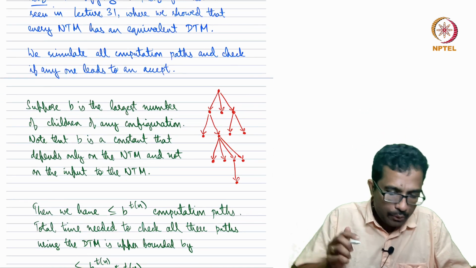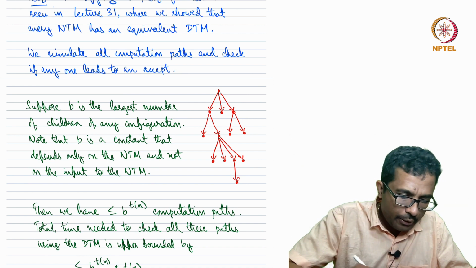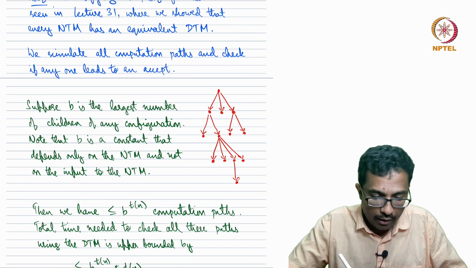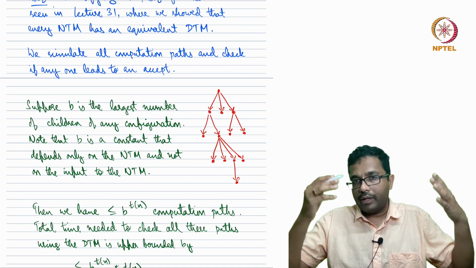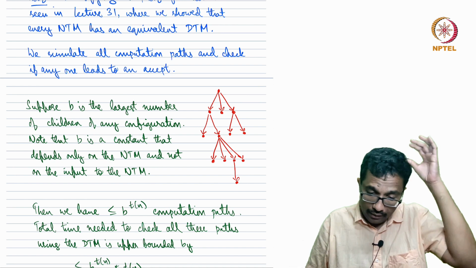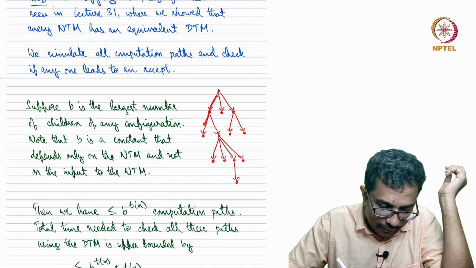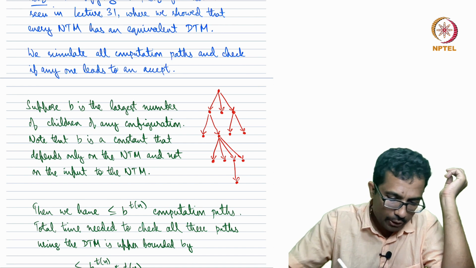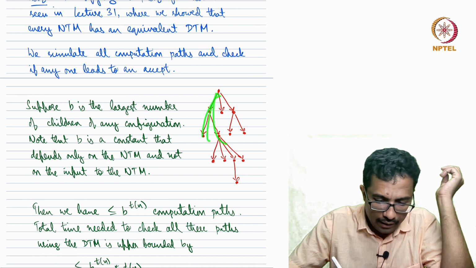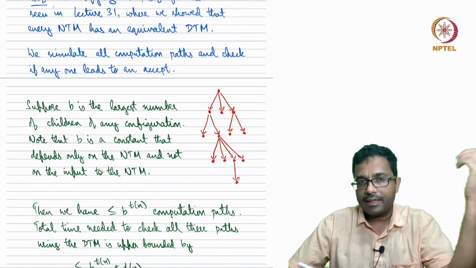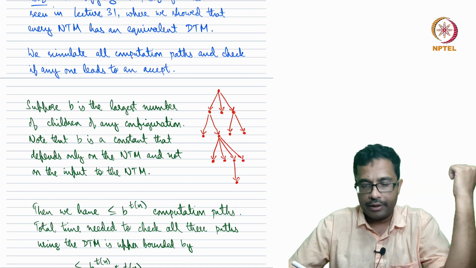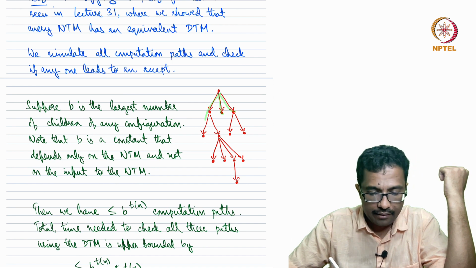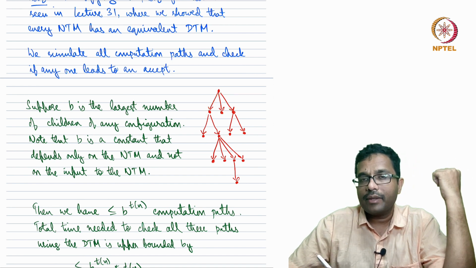Just to describe the proof, we wanted to simulate a non-deterministic Turing machine by a deterministic Turing machine. So we consider the computation tree and look at all possible computation paths, and we accept if we find an accepting computation path. And we do this in a breadth first search manner, as we said in chapter 3.